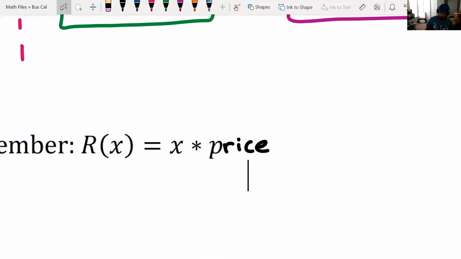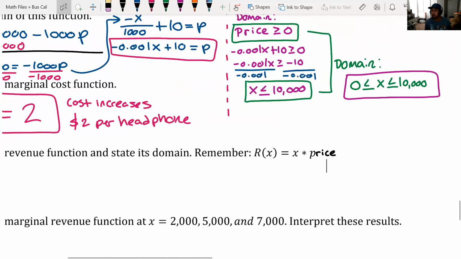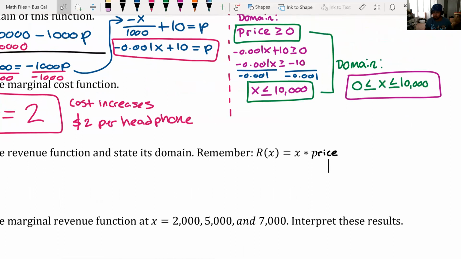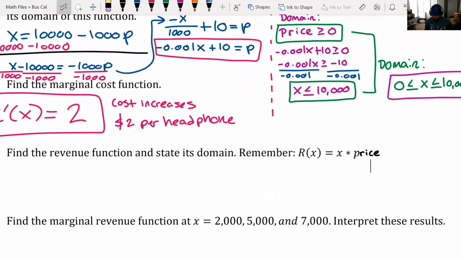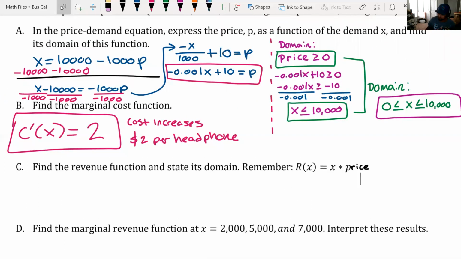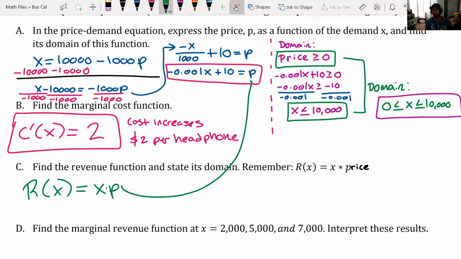Well, this means that to create a revenue function, we need a price function or a price equation. And do we have one of those already? We sure do. R of x equals x times p. Our price equation is what we found in A. Look at that. There it is. There's the price equation. Plug all of this in for p. That's all we have to do.